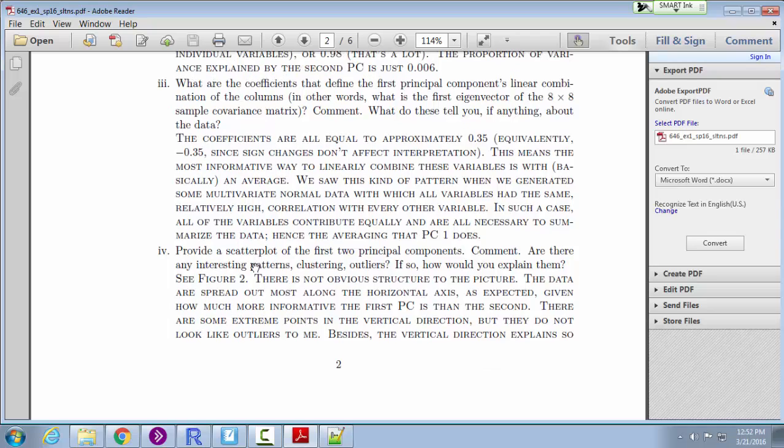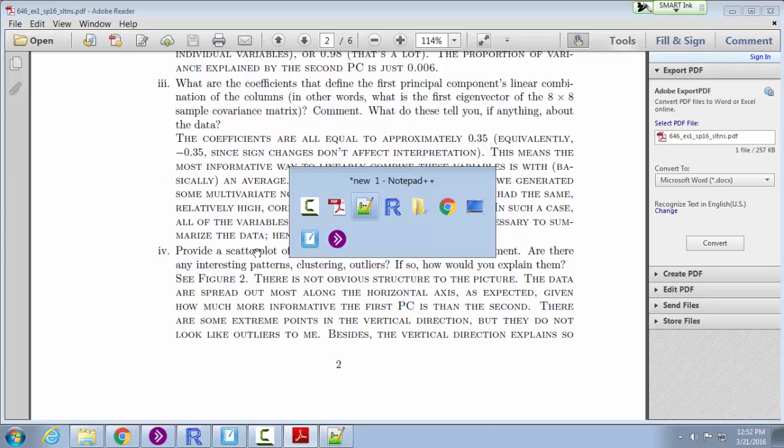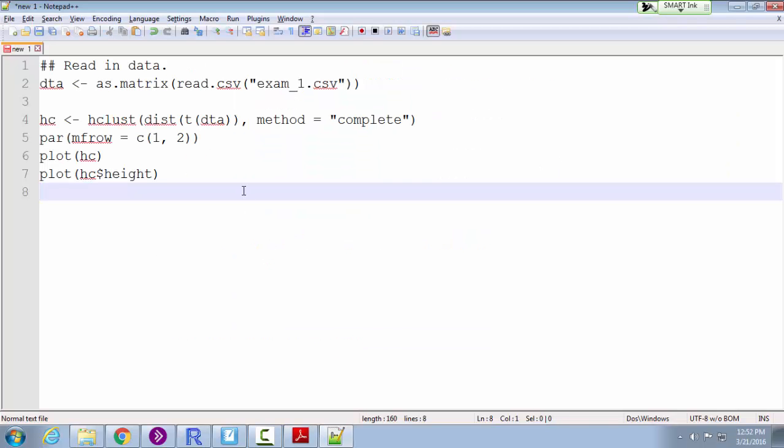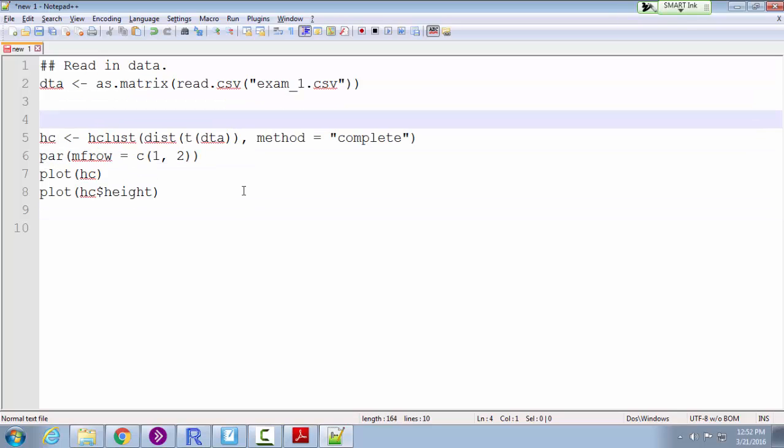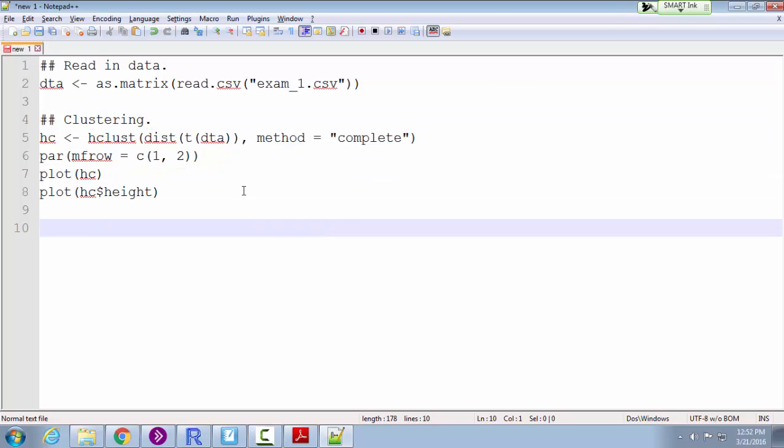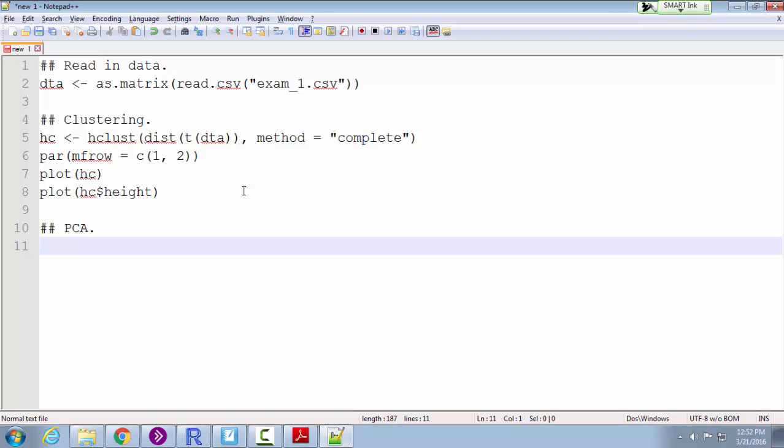The question is, provide a scatter plot of the first two principal components. So when we do principal components, let's do that. This was clustering, and here comes PCA. When we do PCA, we can use the prcomp function.